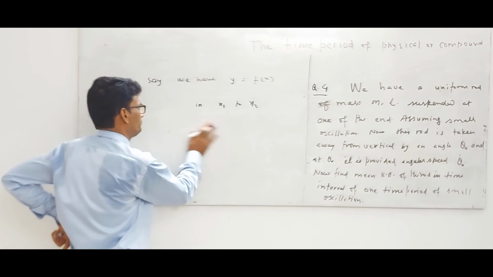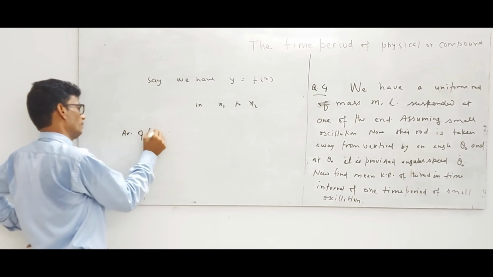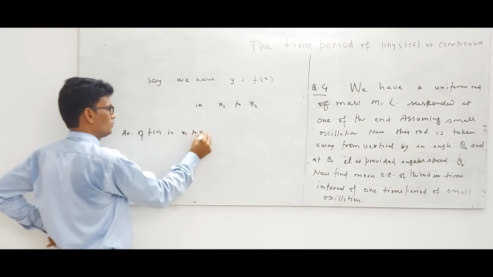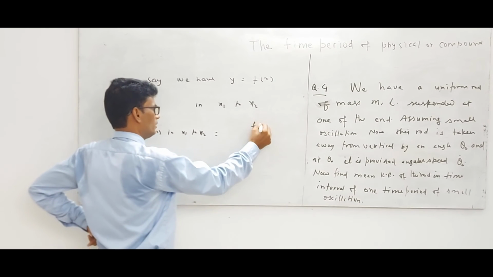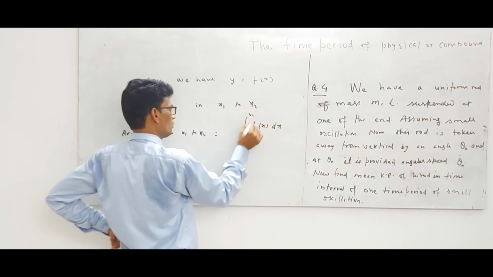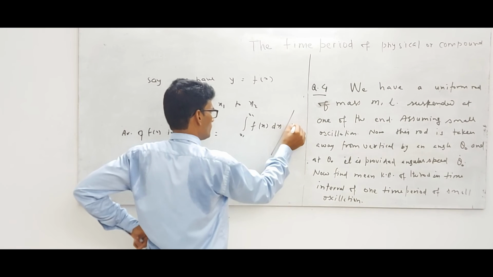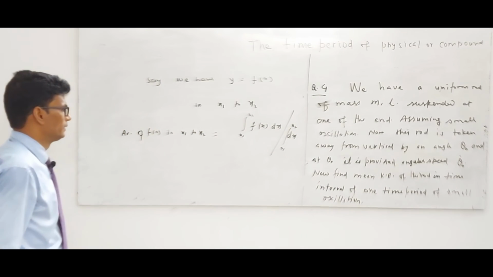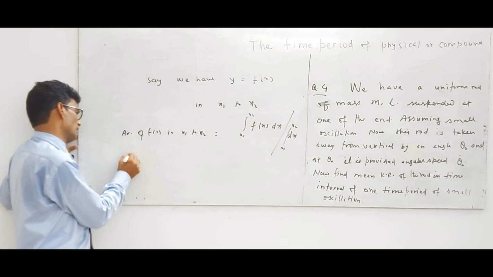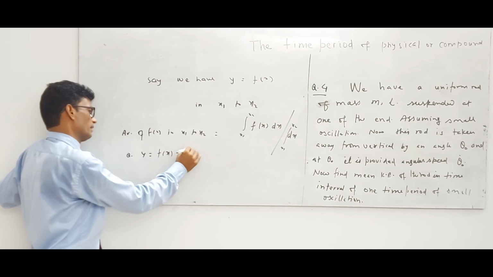So, the average of f of x in x1 to x2 is equal to the integral of f of x dx from x1 to x2 over the integral of dx from x1 to x2. To understand this one, we take an example. Say y is equal to f of x equal to sin x.